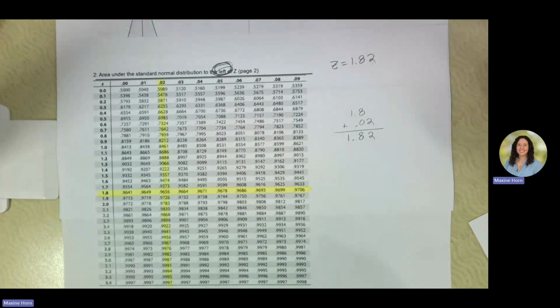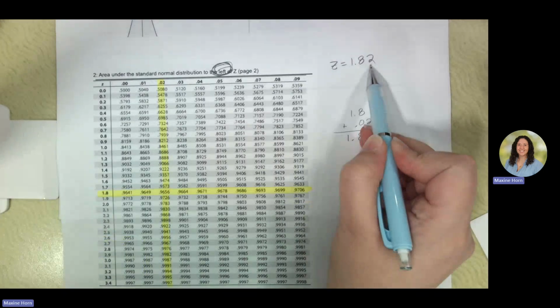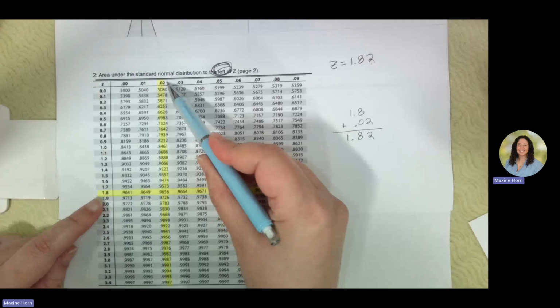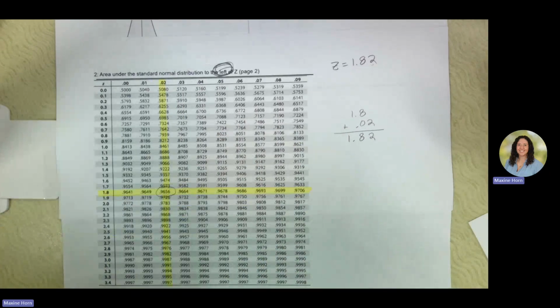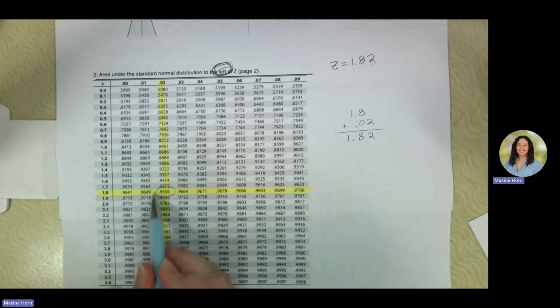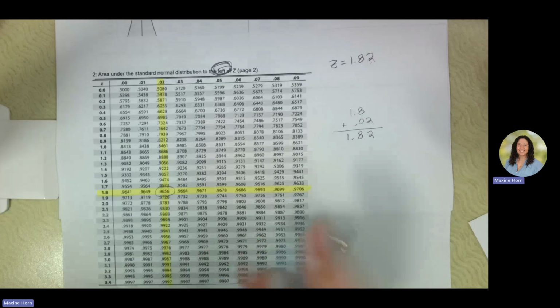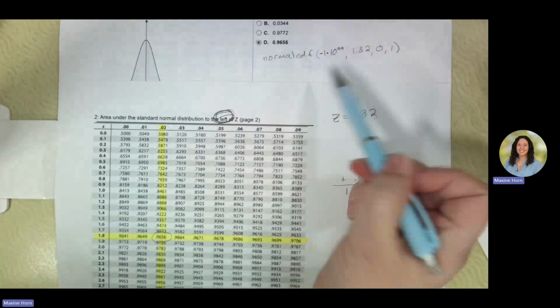To find the area to the left of this particular z-score, we find that z-score on the outside, and then we see where they overlap in the body of the chart. So that's how you can get it if you're using the chart rather than your calculator.